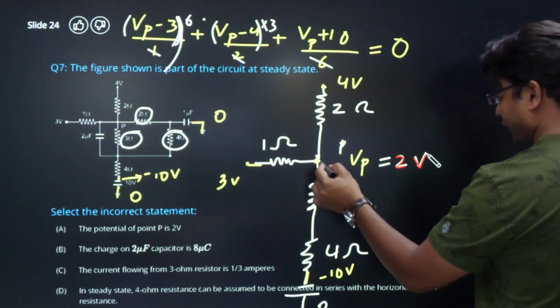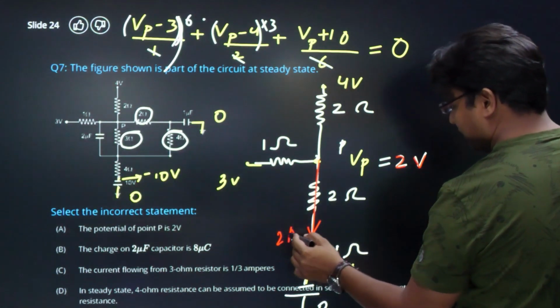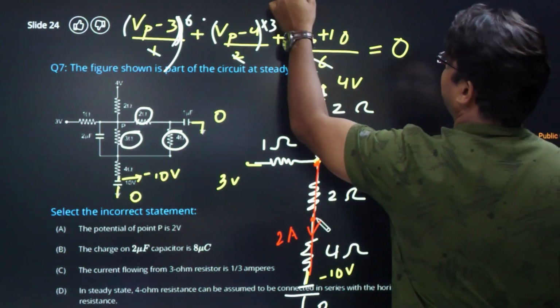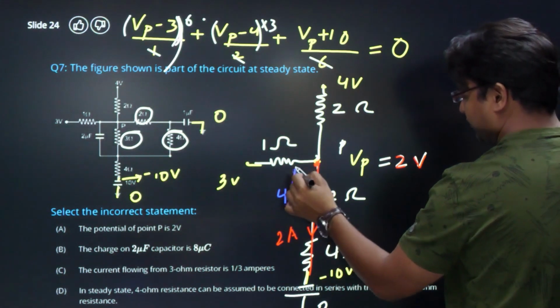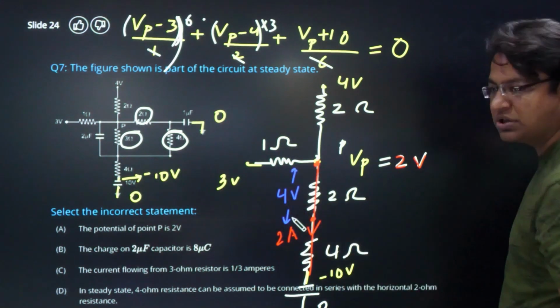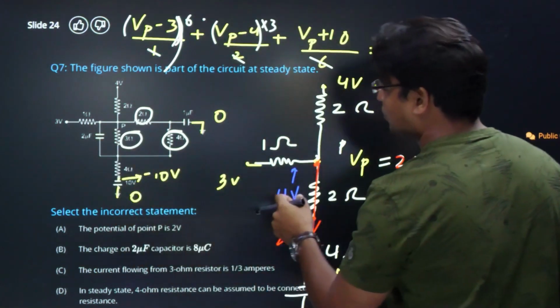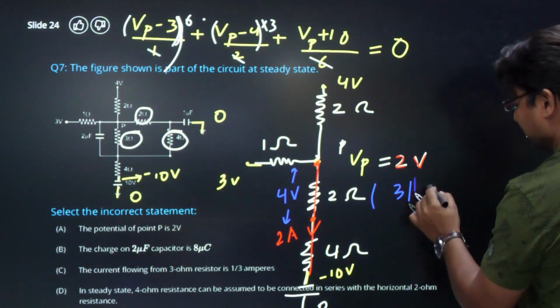So the current flowing in this branch is 2 ampere, and therefore the potential difference across the 2 ohm resistor is 4 volt, I into R. And 2 ohm came because 2 ohm is actually the parallel connection of 3 and 6.